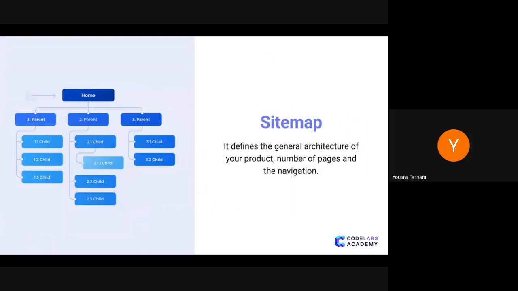Here, for example, we have home. The home is the main page. We have the parents. So here in the parents, for example, I have the feed, I have the chat, and I have the profile. For example, in the chat, I can have the audio call, the messages, and the video call. And in the audio call, I can have a space to add filters.